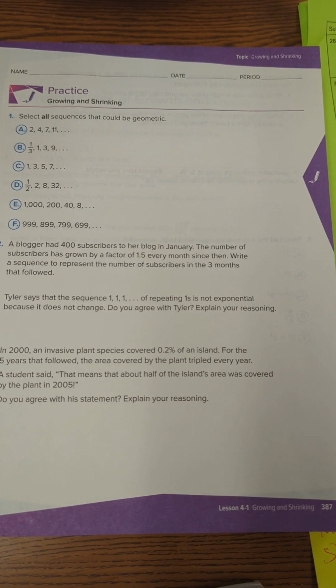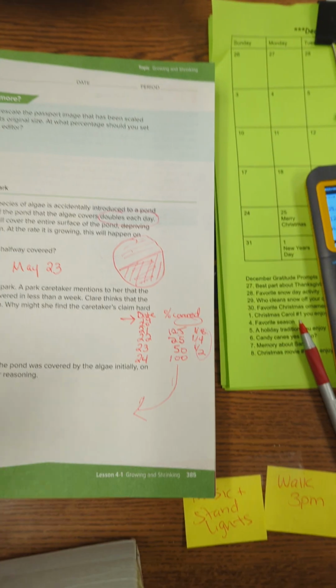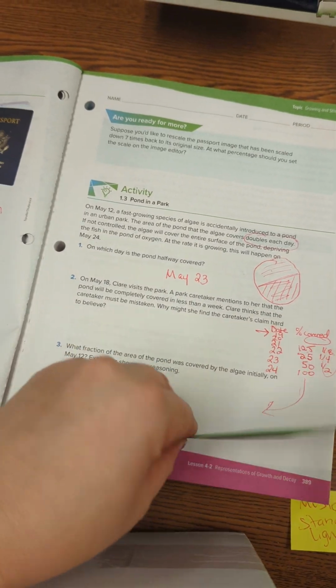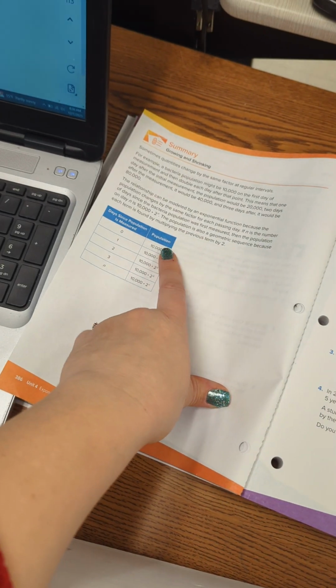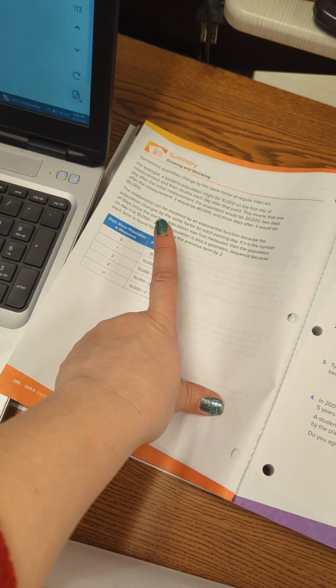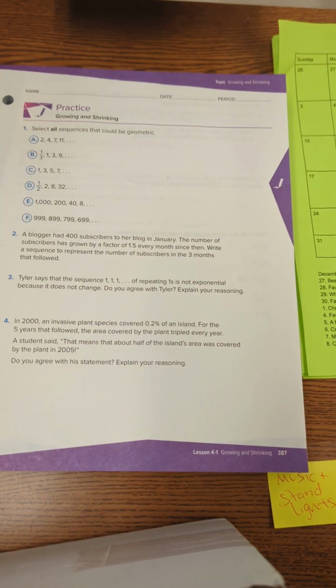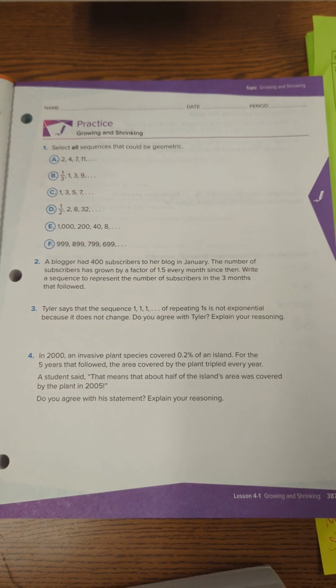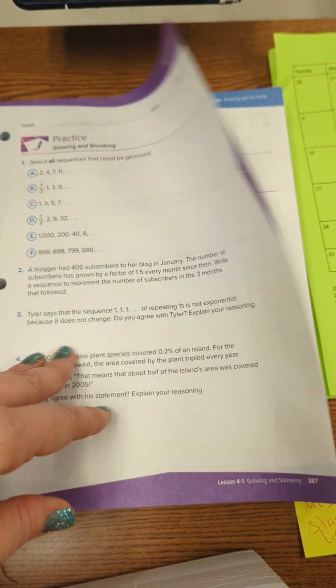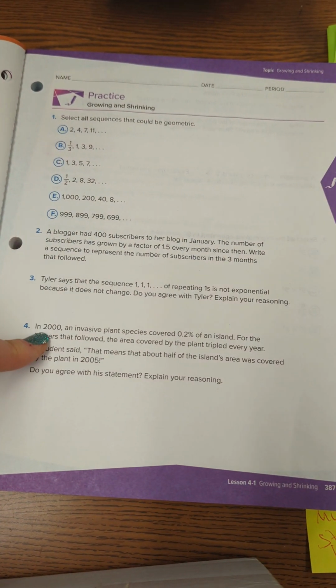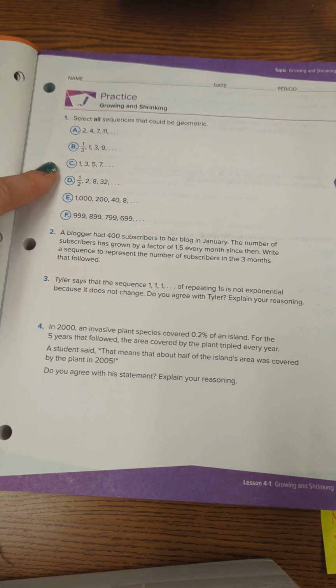So now that you have completed up through page 385, we will do the lesson synthesis and learning targets together next class. You are going to work on completing the practice problems on pages 387 to 388. And if you notice, a lot of this is about sequences, right?